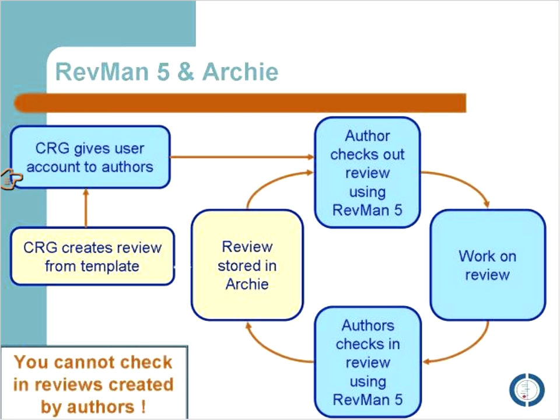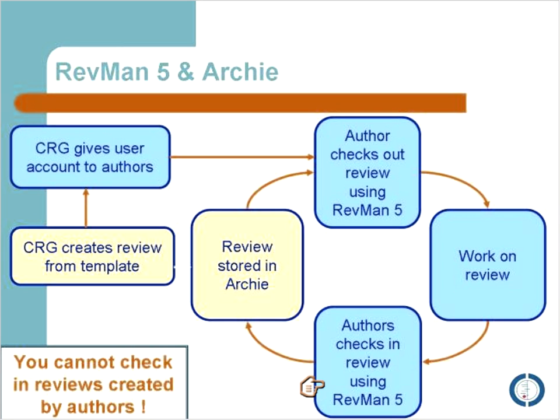As shown here, the CRG then gives you your user account if you don't have one already, and your review is stored in Archie. You then check it out through RevMan 5. You work on it, and then, really important, check it back in to Archie through RevMan 5.